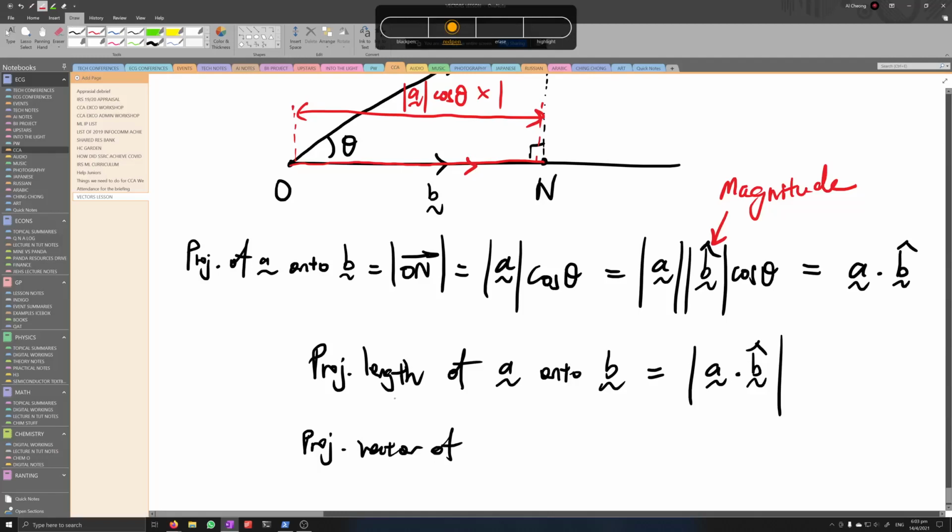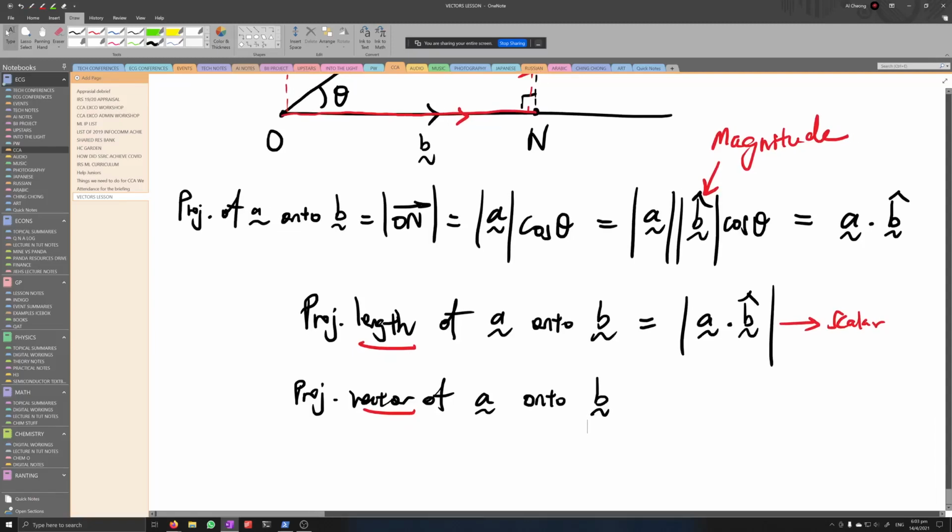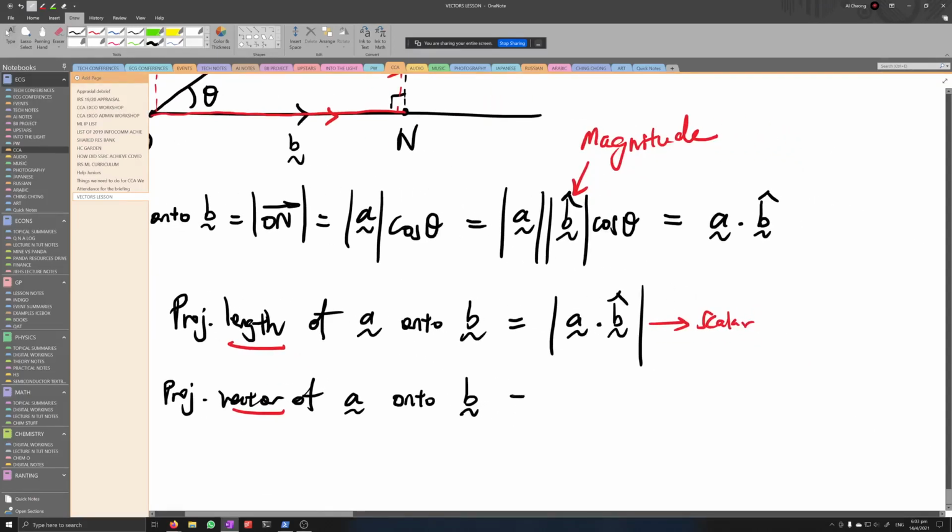Then if you want the projection vector, so here's length, right? So realize this is a scalar. If you want a vector, with A and B, this is essentially A dot B hat in the direction of B hat.